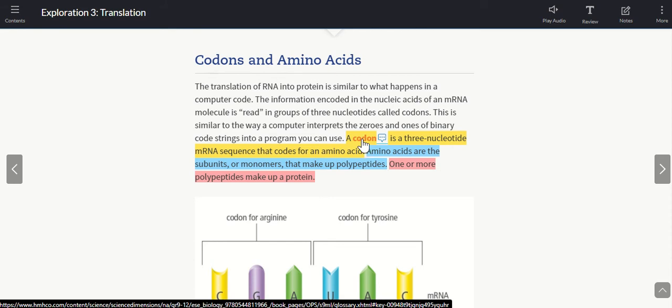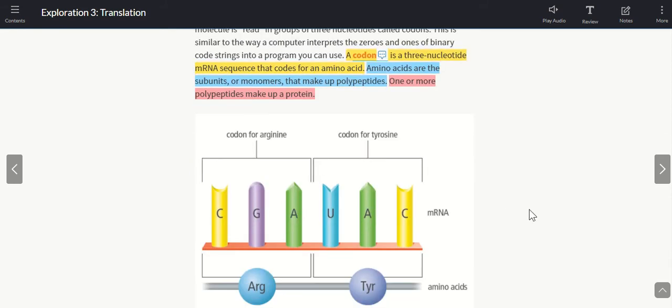And a codon is determined by a 3-letter combination. When we look at our messenger RNA molecule, every 3 nitrogen bases, every 3 nucleotides, gives a code for one type of amino acid. In this case, CGA is the code for the amino acid arginine.